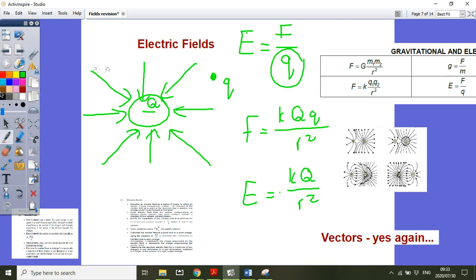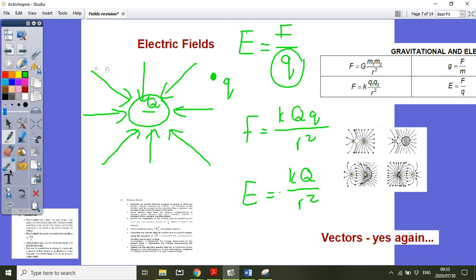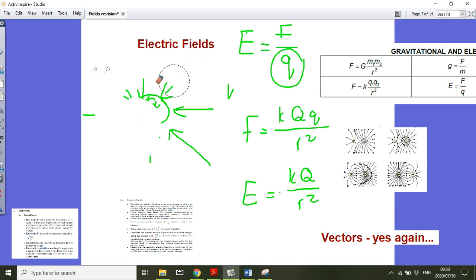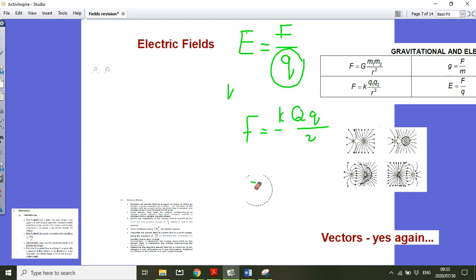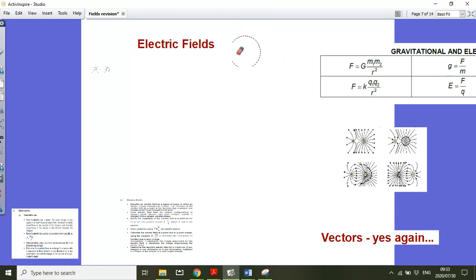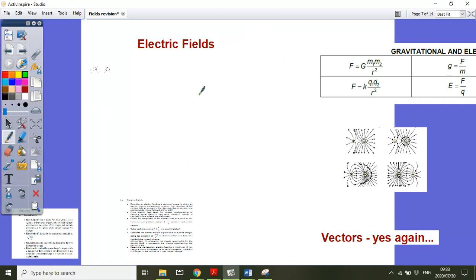Now, as in forces, they can also ask you for a net field. So please be careful. Read your question and highlight whether they're talking about field or force. Because when they're talking about force, we need two charges. When they're talking about field, we need one charge.